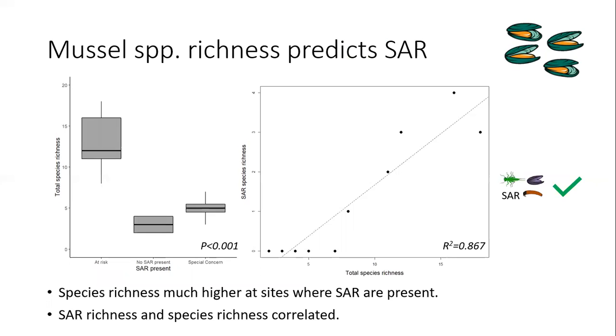When we looked at the relationship between mussel communities and species at risk occurrence, overall mussel species richness was higher at sites where species at risk were present, and that stayed true for the presence of all individual species at risk species, and species at risk richness was highly correlated with total mussel species richness.